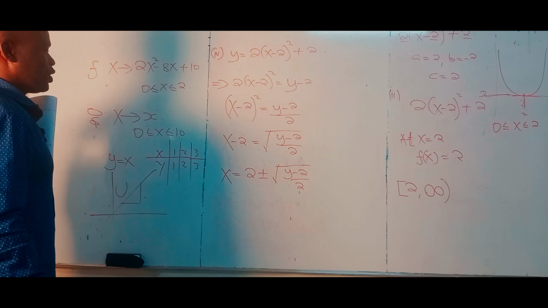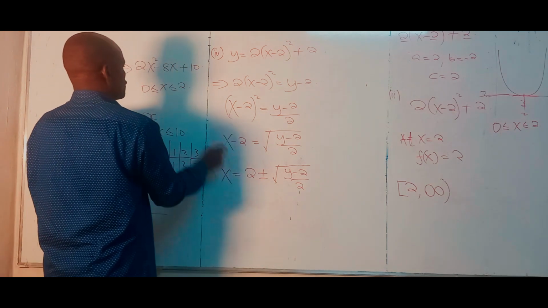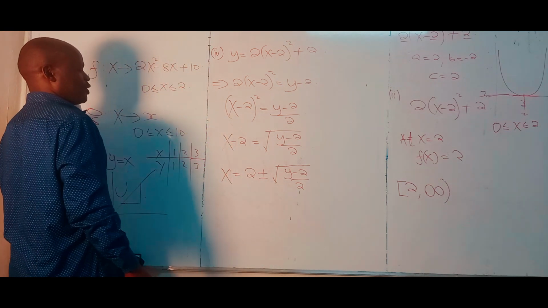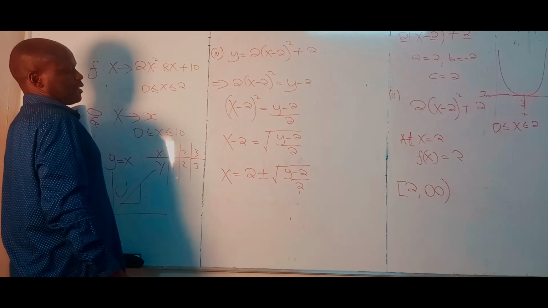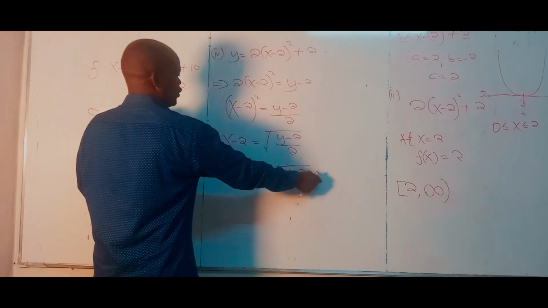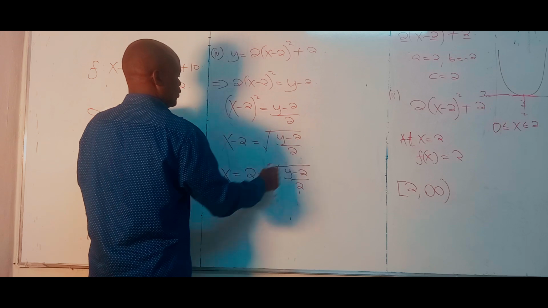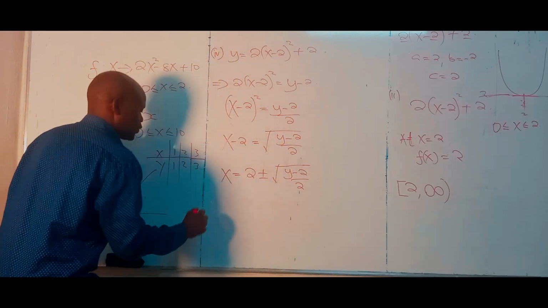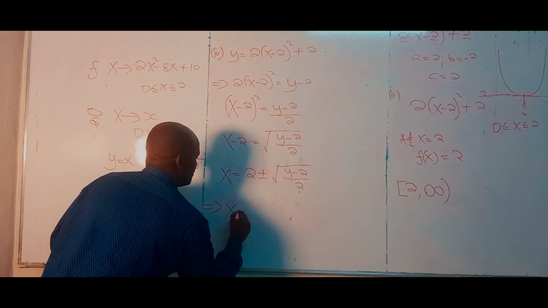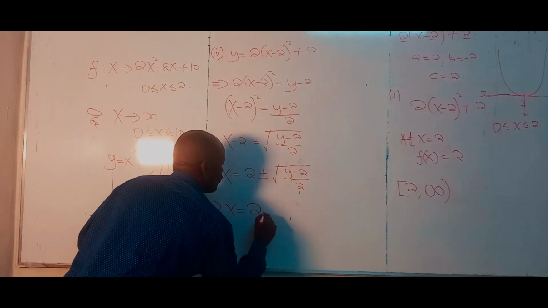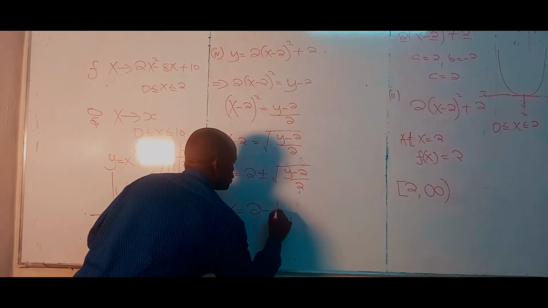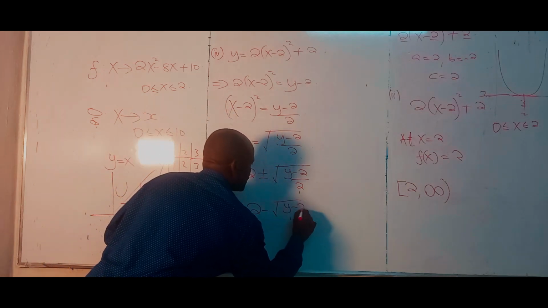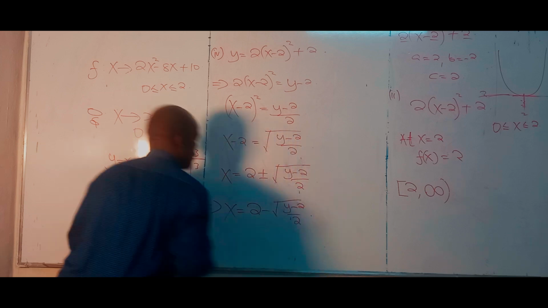I'm not supposed to pick a value of x which is more than 2. So the only thing that can happen is when all of this is 0, or I take a negative sign. So that implies that my x will then be 2 minus the root of (y minus 2) over 2.